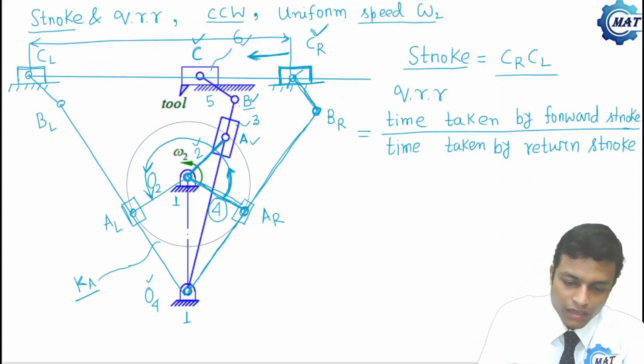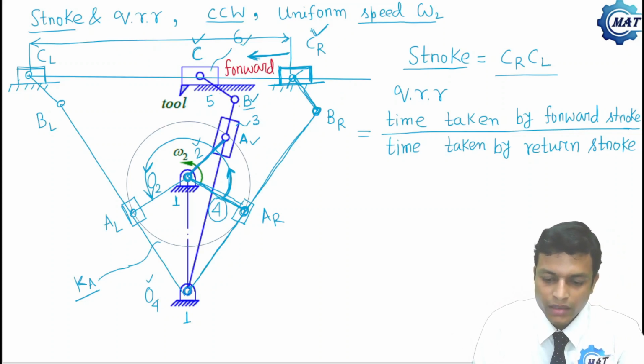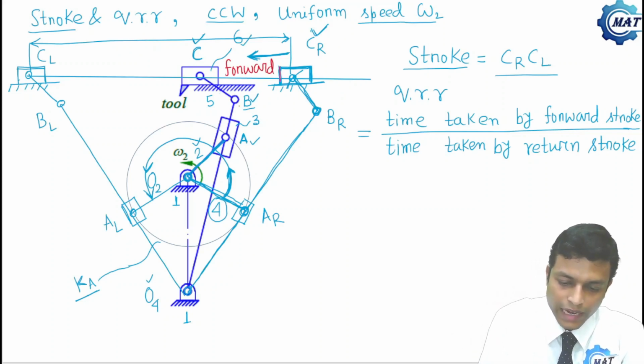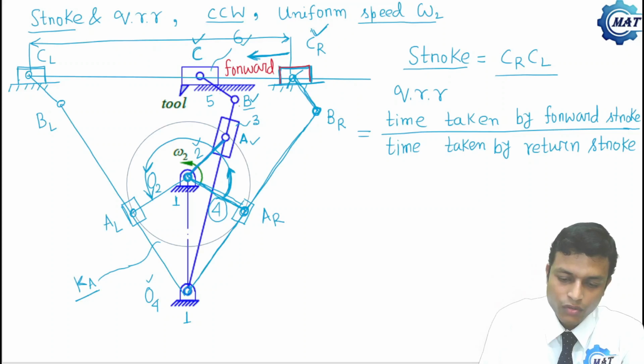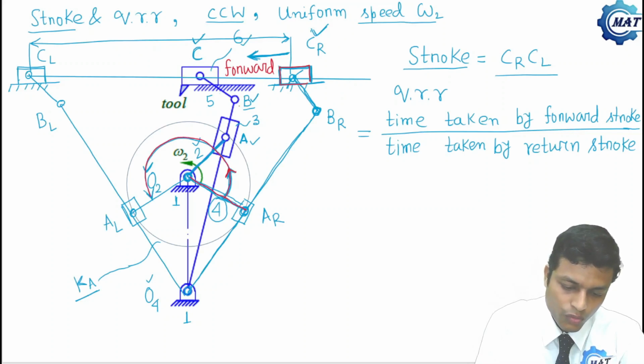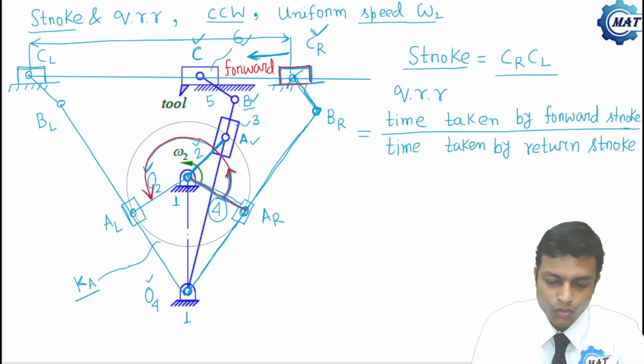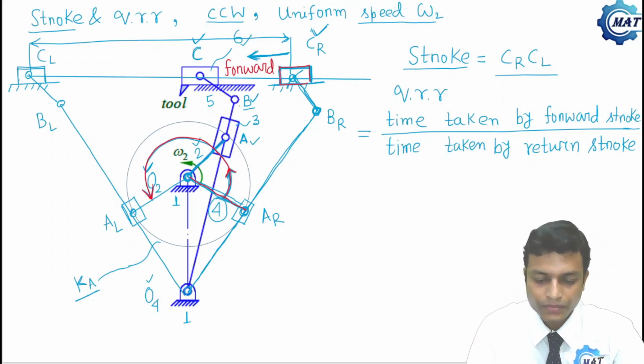So forward motion means the slider moves from CR to CL, or the tool holder moves from CR to CL, and the corresponding motion of the crank is O2AR to O2AL.